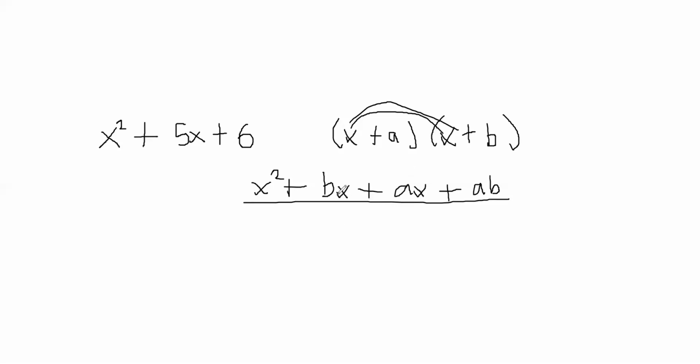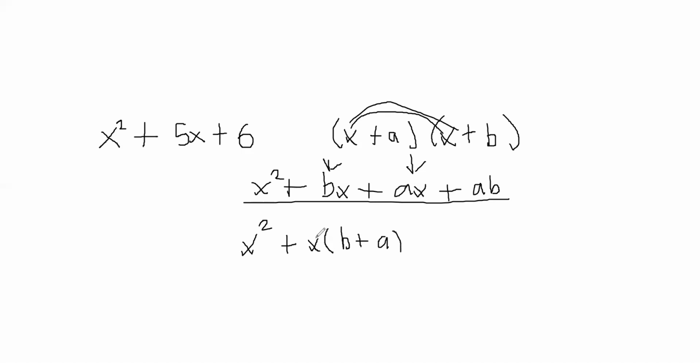It looks a little bit more complicated than what I have here. But if you look at these two terms, bx and ax, you'll see that both of these terms have an x in common. So in that case, I can actually factor out this x. What would that look like? If I rewrite this as x squared plus, let's put the x right here and take out that x, I have b plus a.